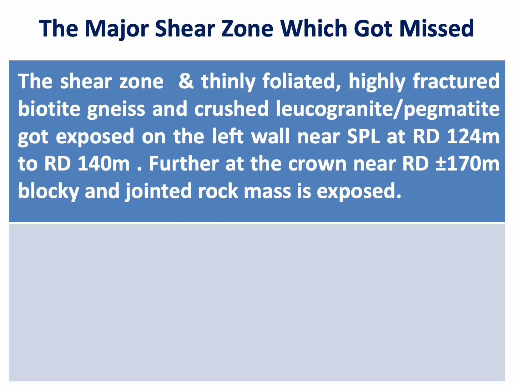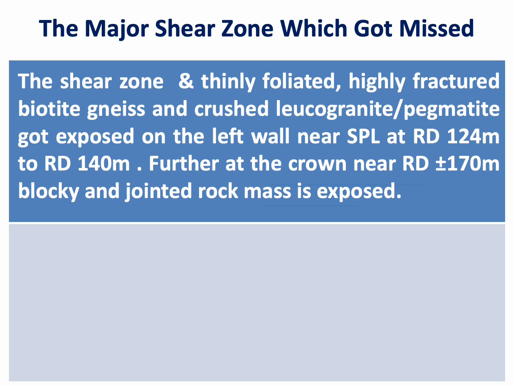The major shear zone which got missed. The shear zone and thinly foliated, highly fractured biotite gneiss and crushed lithogranite with pegmatite got exposed on the left wall near SPL at RD 124 meter to RD 140 meter.